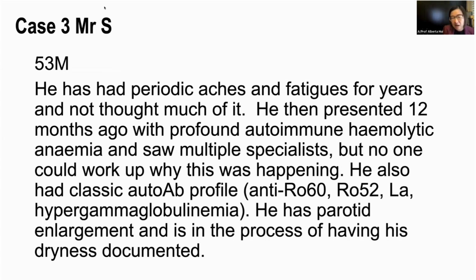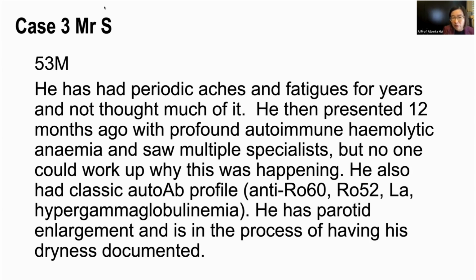And then the final case that I want to share is Mr. S, who really had a lot of muscle and joint pain and fatigue for years, but he never paid much attention to it. But about 12 months prior to when he saw me, he developed this problem with hemolytic anemia. So his blood count had dropped significantly.